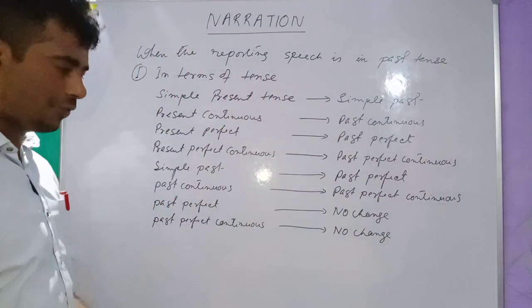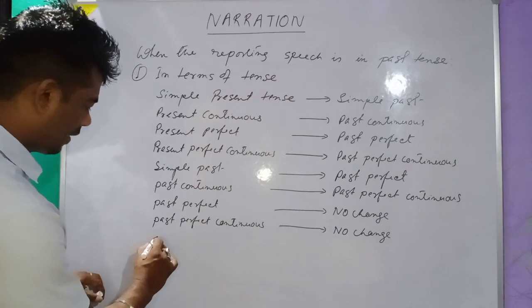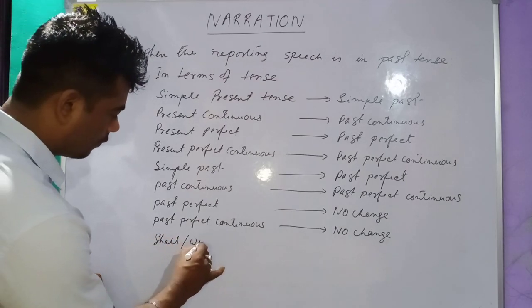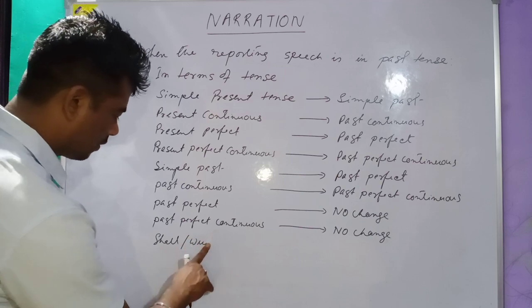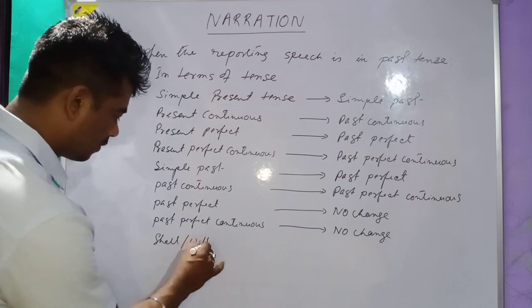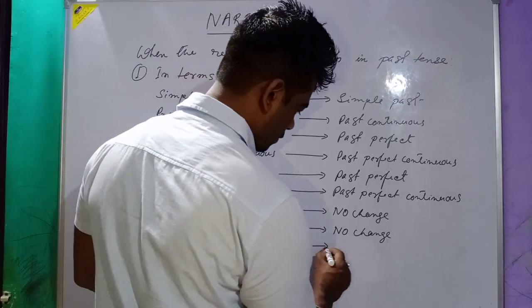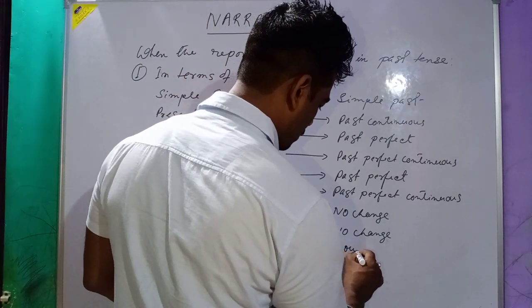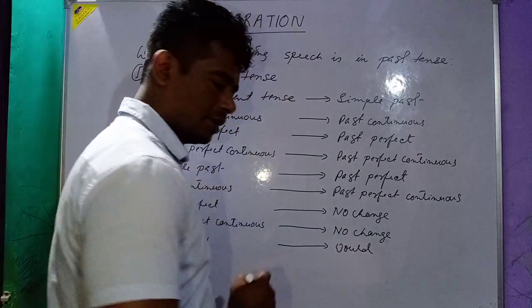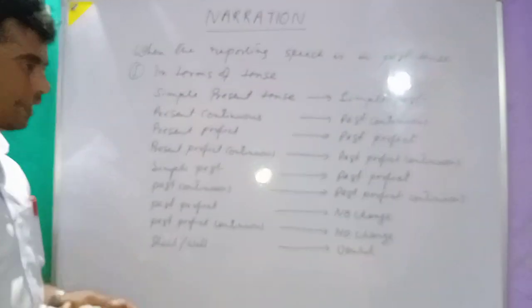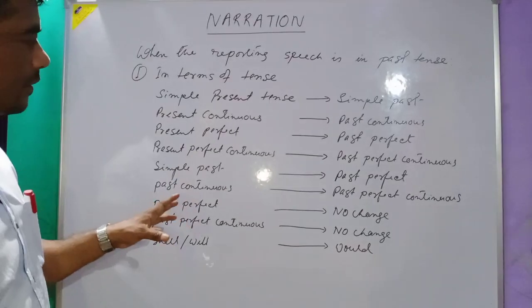And now in terms of future, I will write shall and will. Shall will change to would. So these are the changes that take place in terms of tenses.